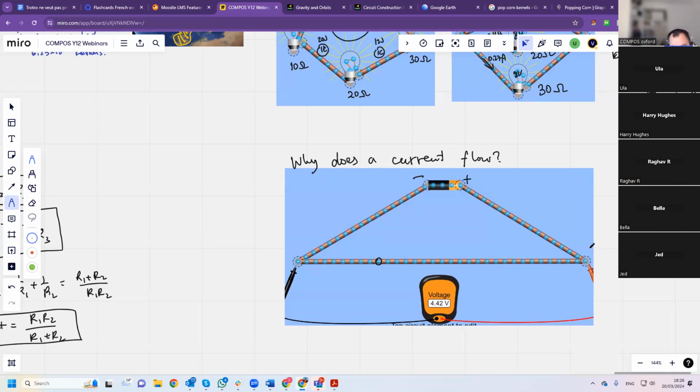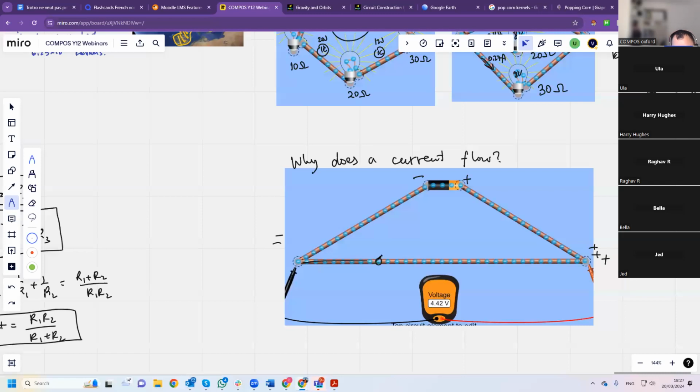So it means that this part of the wire has more positive charge, and this has more negative charge. And there's an electric field inside the conductor that goes all the way around. But for simplification, we can just look at this section.